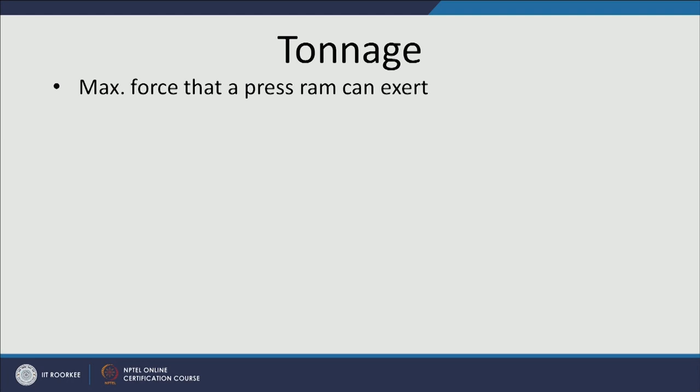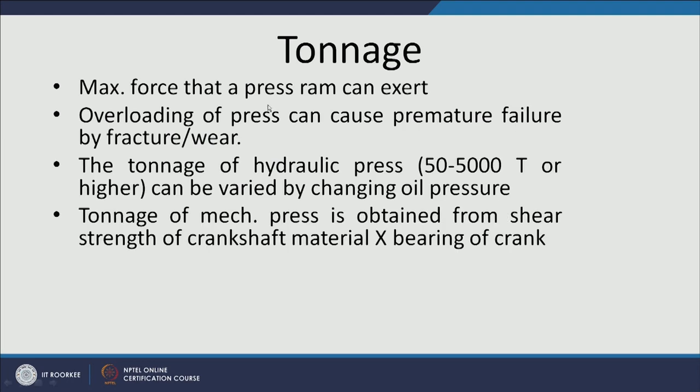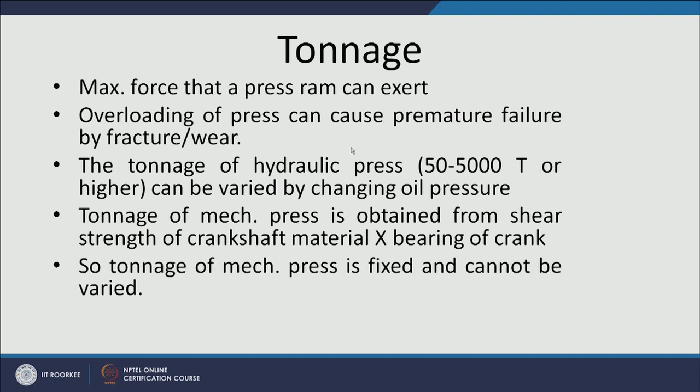Tonnage is the maximum force that the ram can exert, and it can vary significantly, from 50 to 5,000 tons for hydraulic presses, while it can be lower for mechanical presses, like 5 to 10 ton presses.